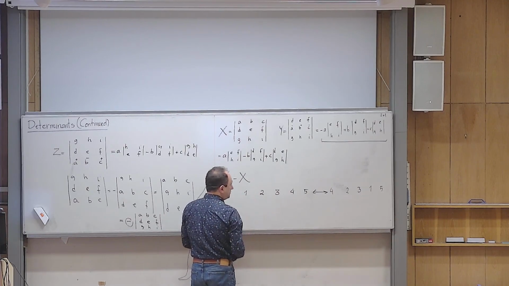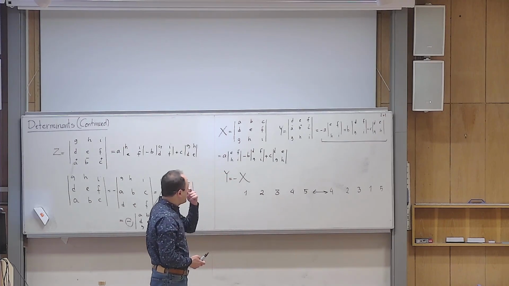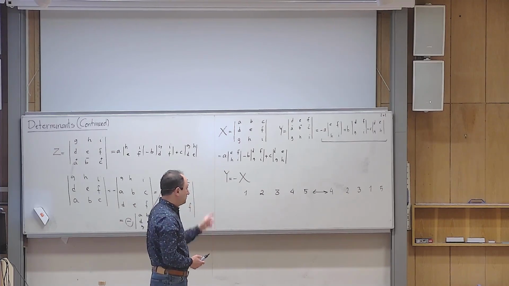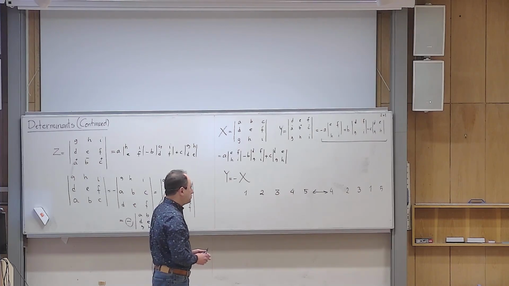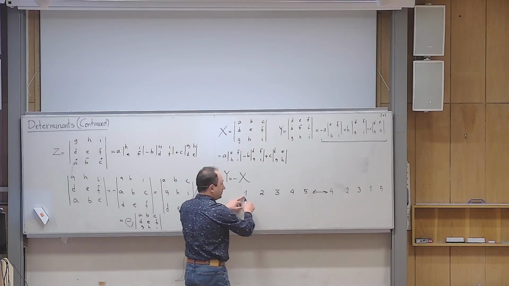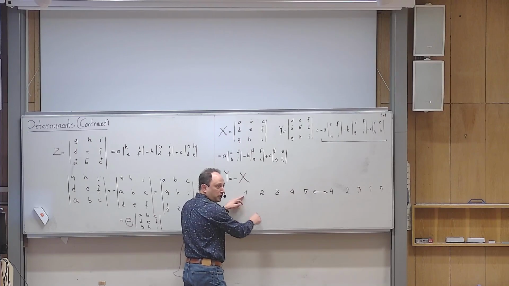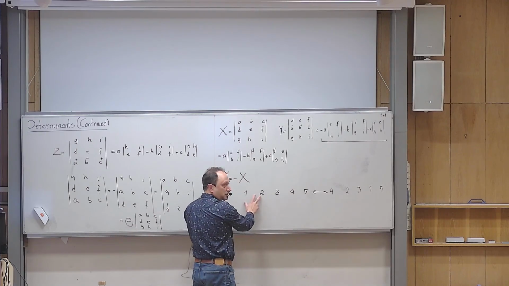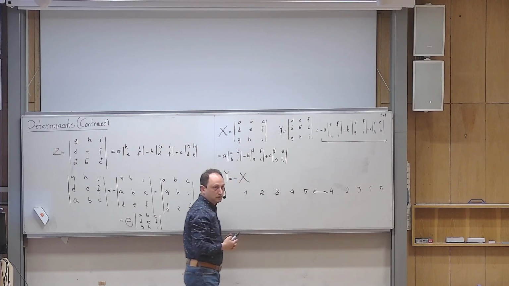Is it easy to understand or not? How many interchanges do I need to go from here to here? Because you want to bring 4 to the first location and move 1 to the 4th location, and you're only allowed to interchange the adjacent ones.